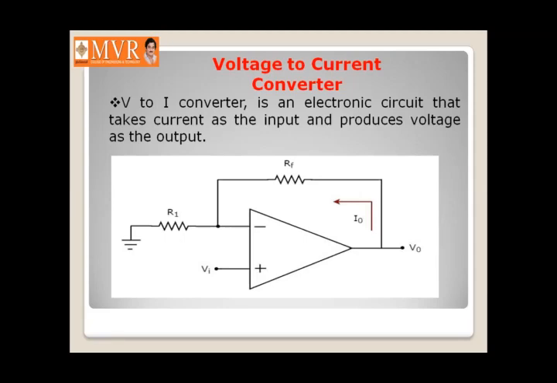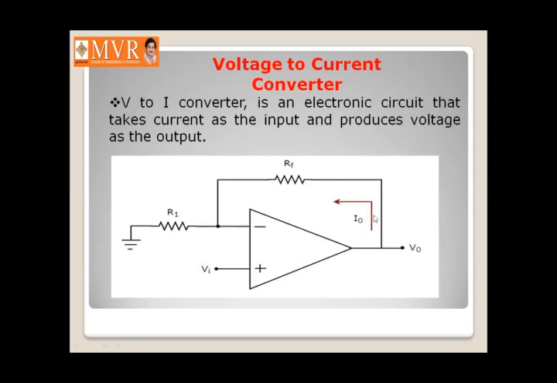Now if we write the nodal equation using KCL, Kirchhoff's current law: Vi minus 0 divided by R1, and similarly Vi minus V naught divided by Rf. So we calculate the current through the R1 resistor and write the equation for the current through the Rf resistor.